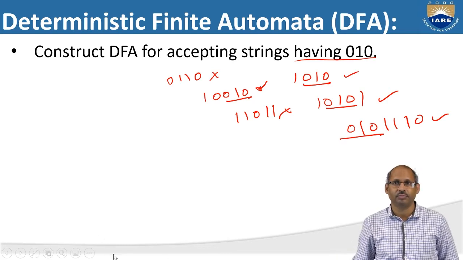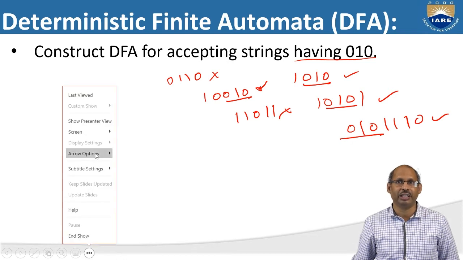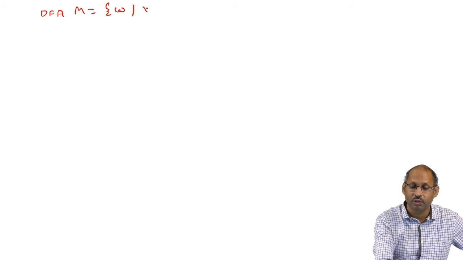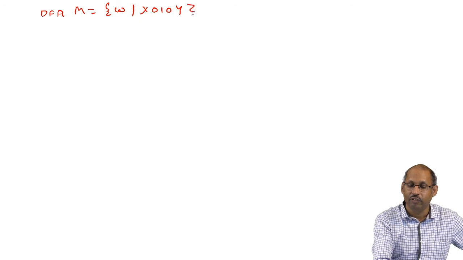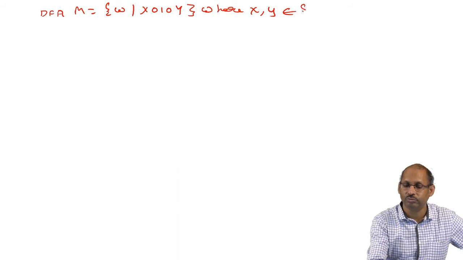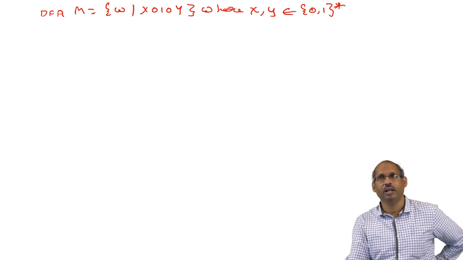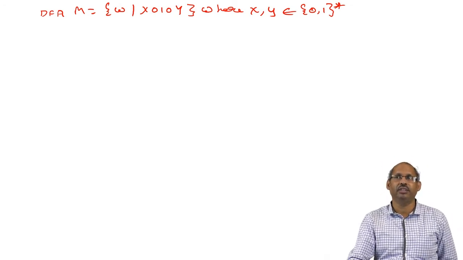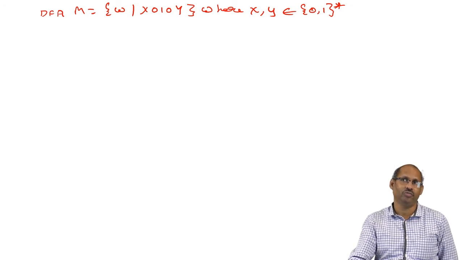Now, we'll see the construction of the deterministic finite automata. What is our problem? We have to construct a DFA that accepts all the strings w of the form x010y, where x and y belong to {0,1}*. So, x and y might be any sequence of zeros and ones.